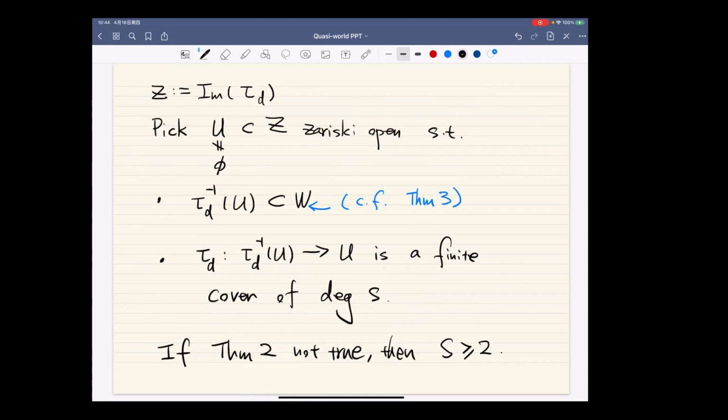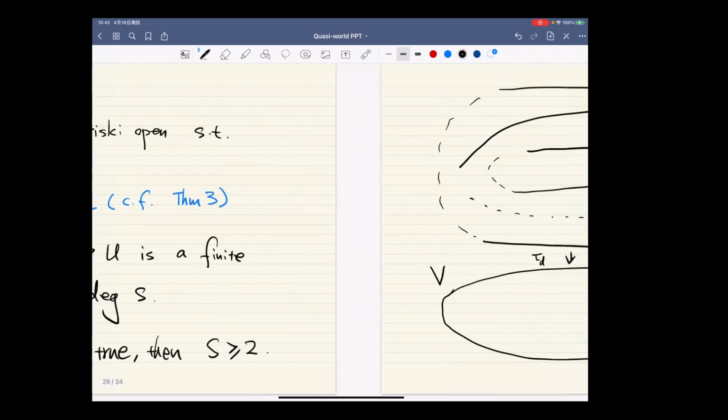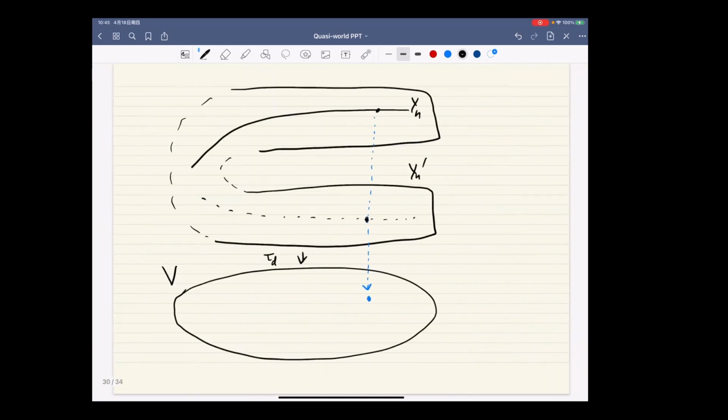And so if our theorem 2 is not true, then this tau D is not generically injective. This exactly means that this number S is at least 2. So we can just look at the picture like this.